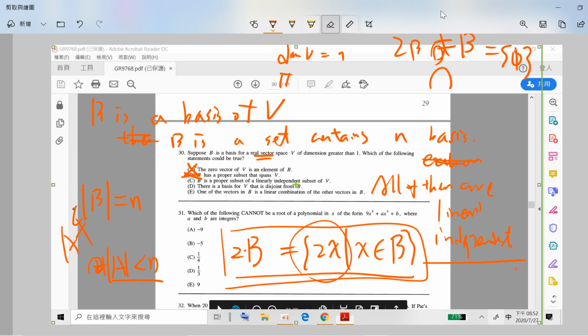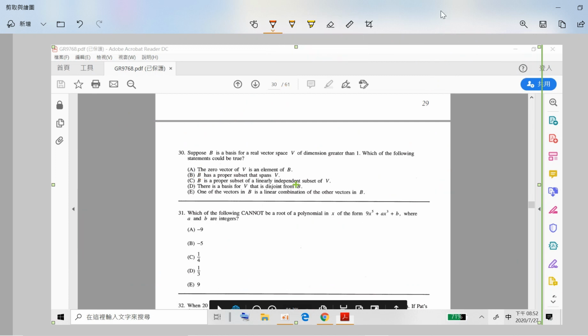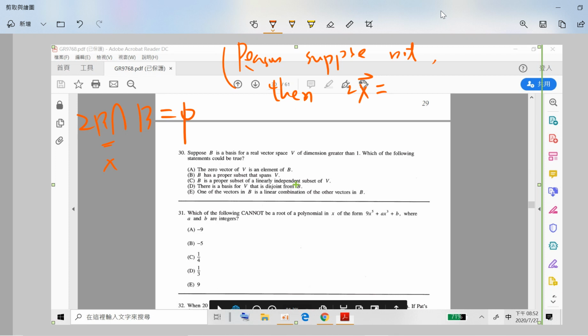Okay, so let me write clearly. 2B is disjoint from B, and the reason is, suppose not. Then there's a vector x such that 2x is equal to some y in B, and 2x minus y is 0.